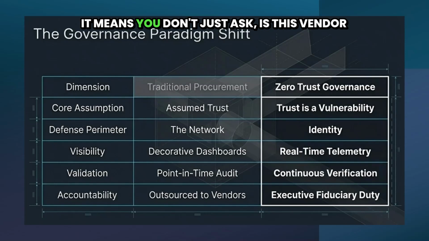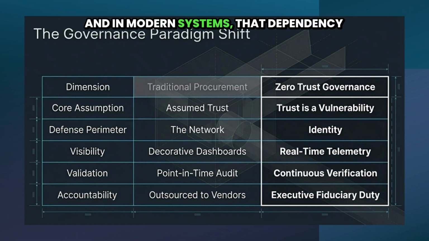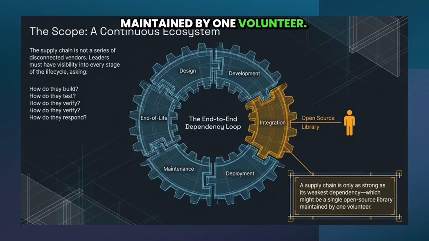It means you don't just ask, is this vendor compliant? But you ask, how do they build? How do they test? How do they verify? How do they respond? Because a supply chain is only as strong as its weakest dependency. And in modern systems, that dependency might be a single open source library maintained by one volunteer. End-to-end security is not optional. It is the new baseline.